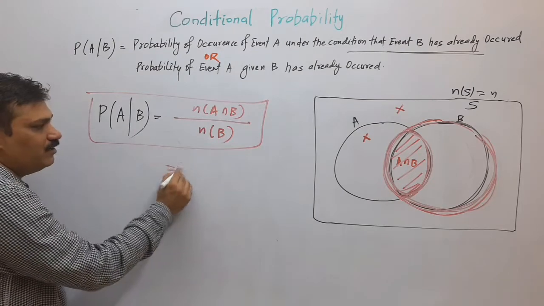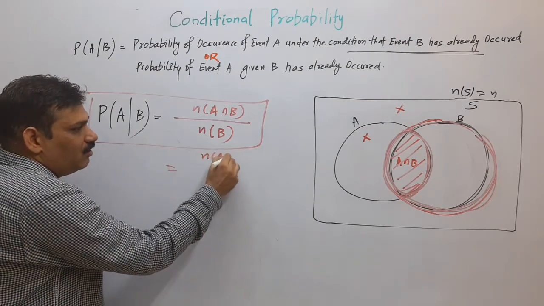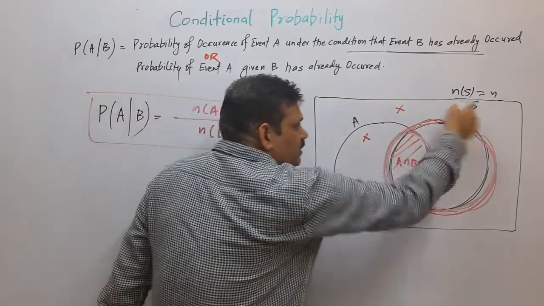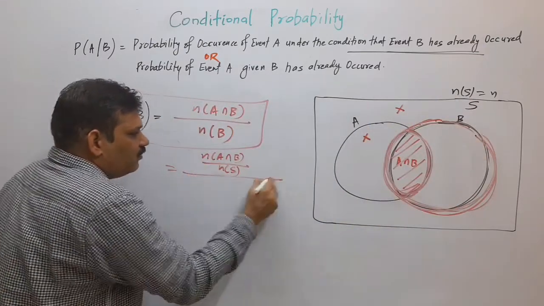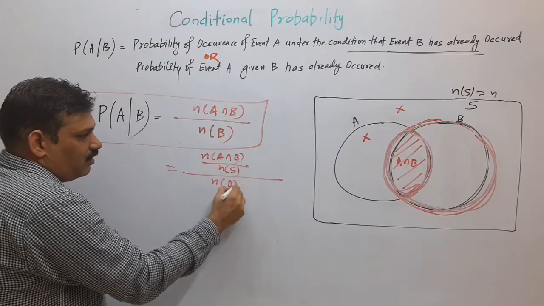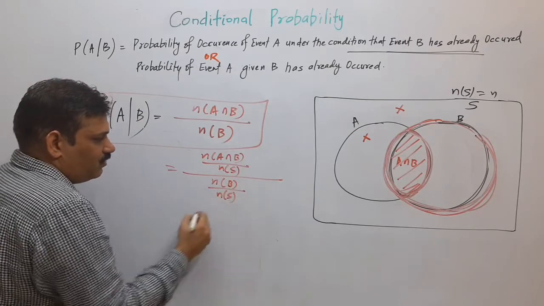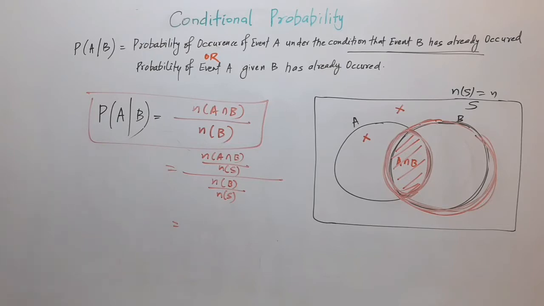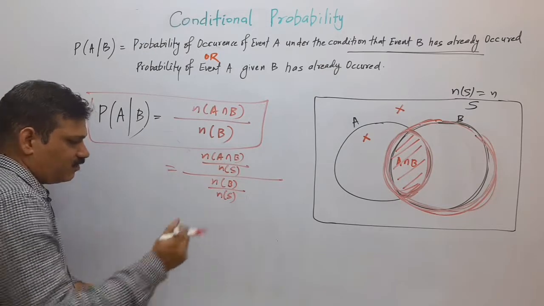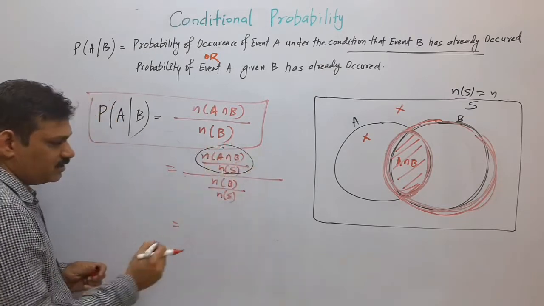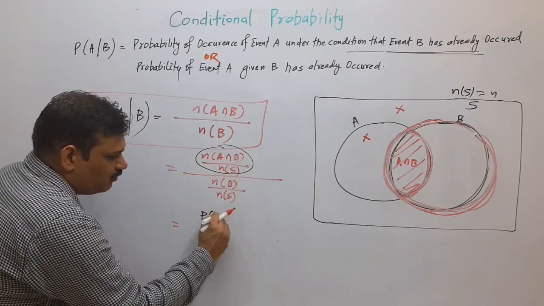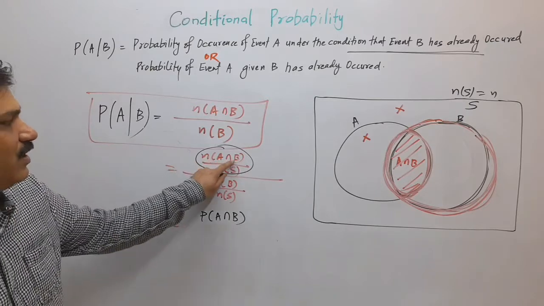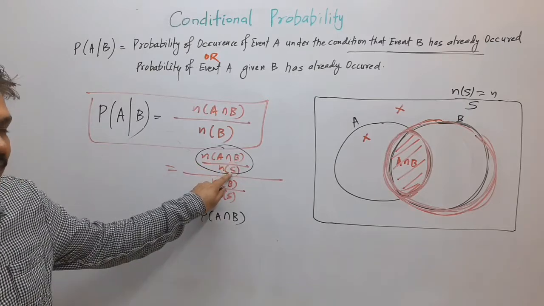If I divide both the numerator and denominator by the total number of outcomes, that is the number of elements in the sample space, then this relation comes in terms of probability. This is the probability of A intersection B, the number of elements in favor of A intersection B divided by the total number of outcomes.